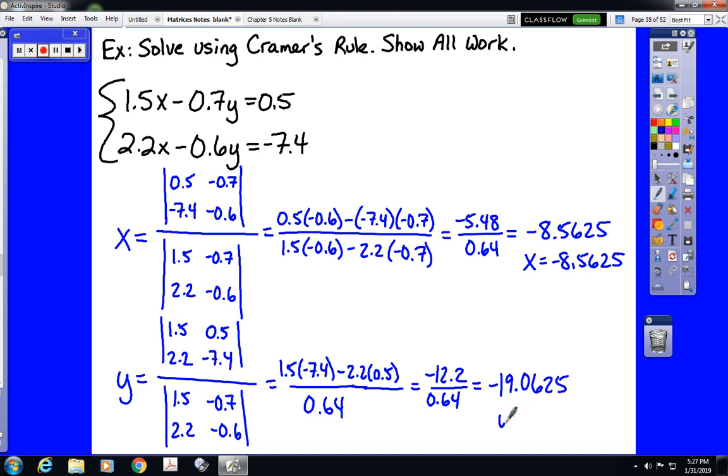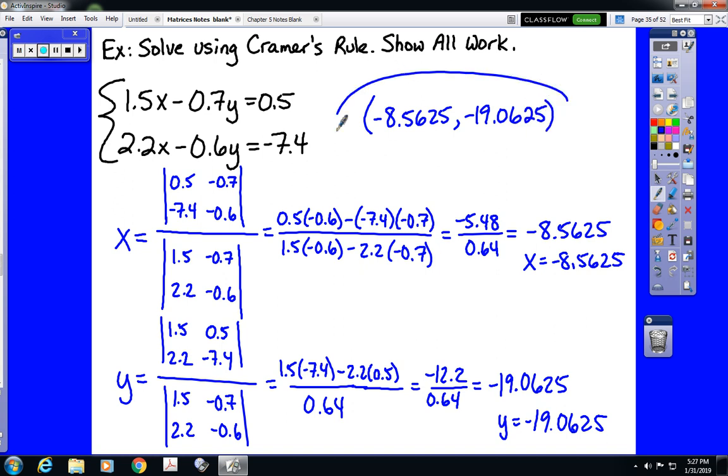So that's your y value, negative 19.0625, which is also a decimal over 16. But it doesn't matter what they are. We're going to write it as an ordered pair, so negative 8.5625, comma, negative 19.0625. And that would be the solution to our system of equations.